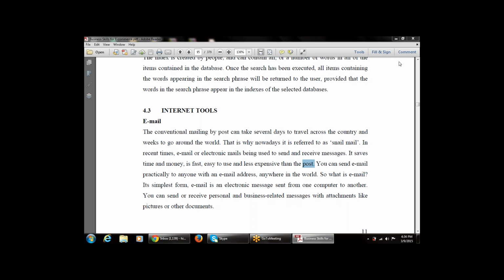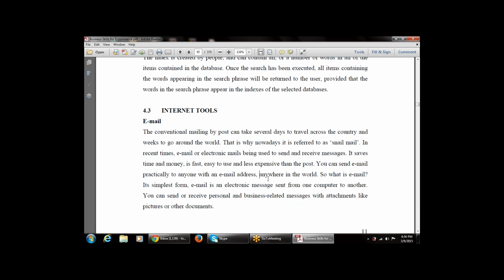That was the previous method. So email saves time and energy, is easy to use, and is less expensive than the post.